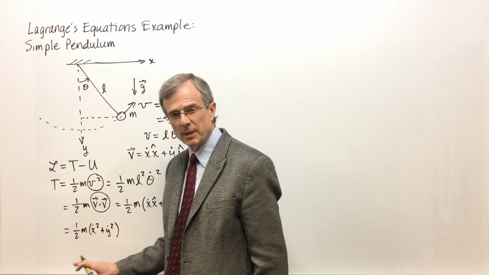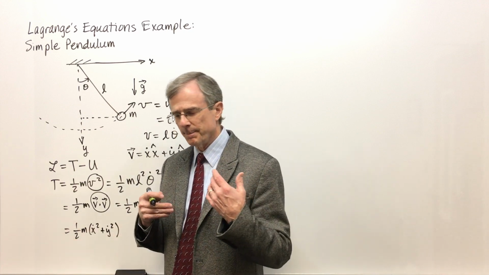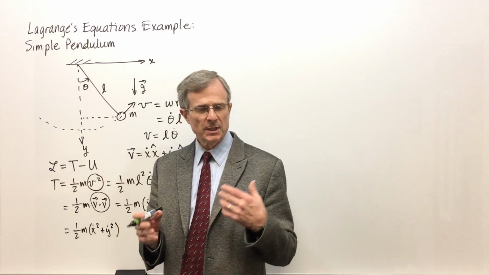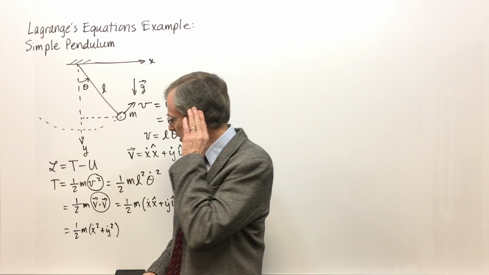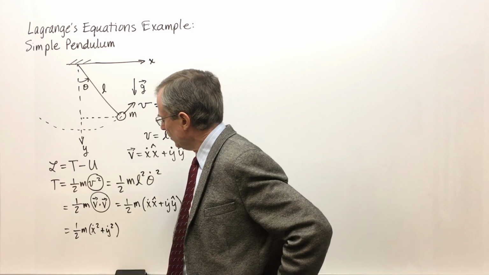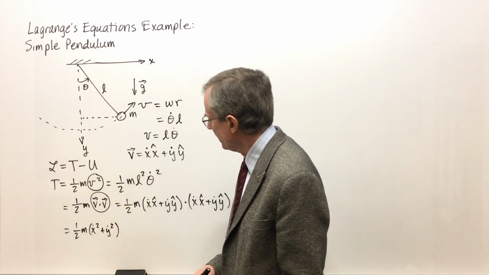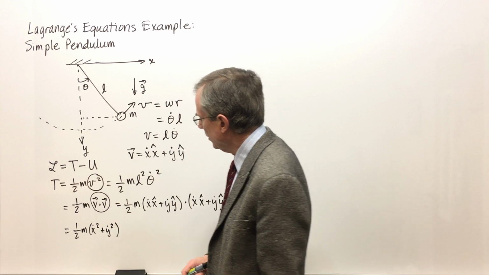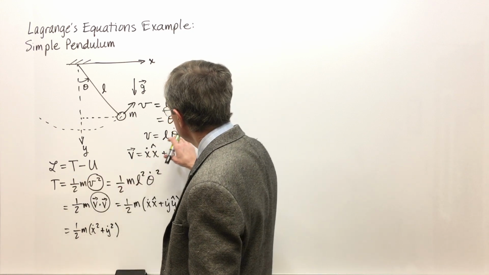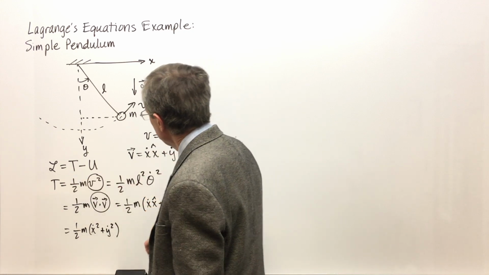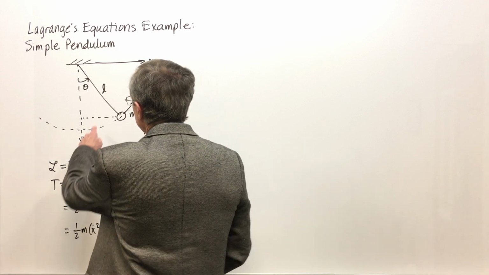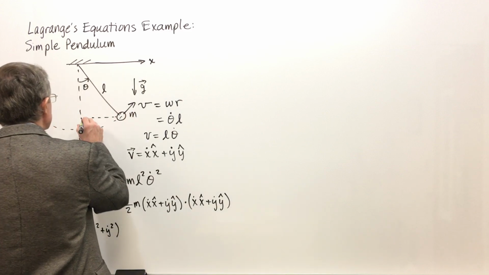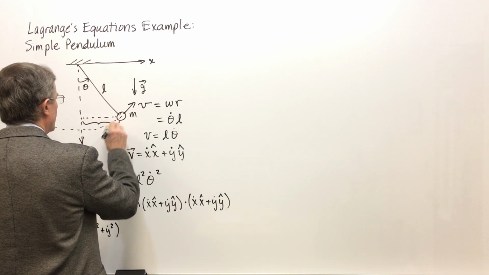This is really your starting point for finding the kinetic energy in weird coordinates, in polar coordinates or spherical polar coordinates or whatever. And we'll see more examples of that later on. But we can now figure out what the kinetic energy is for this particular problem, because x and y can be worked out from this diagram.